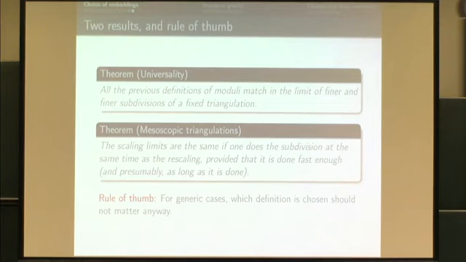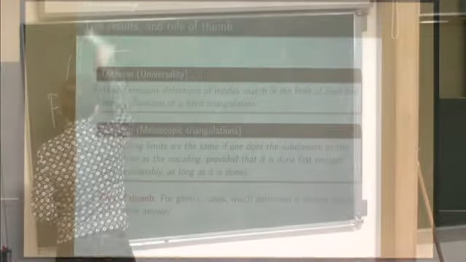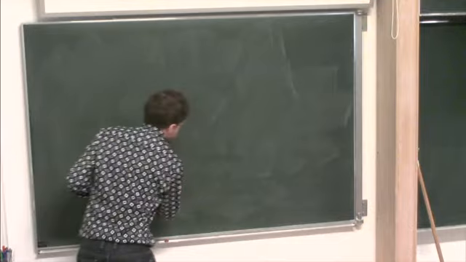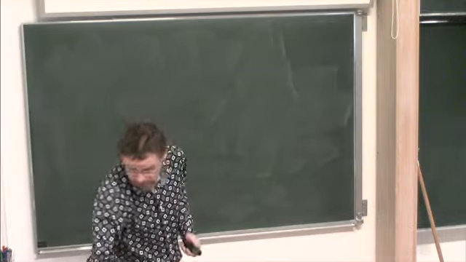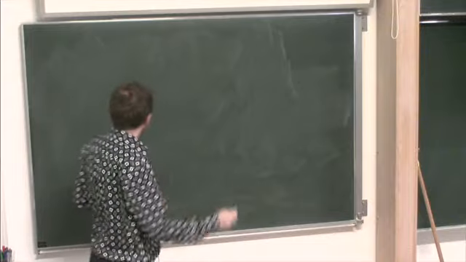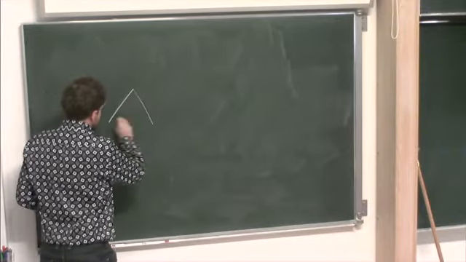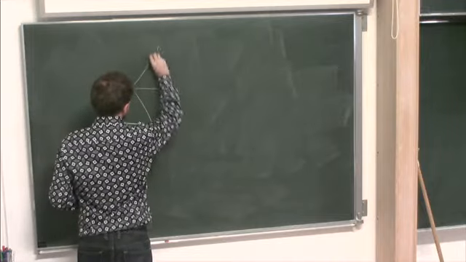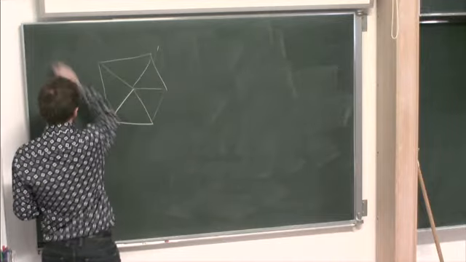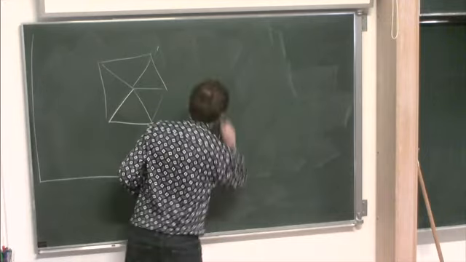So just one word about the proof of this, but it will just be in one picture. And you will see that the proof is essentially the same for both theorems, except for the second one you need a little bit more quantitative estimates. So assume you have a triangulation containing somewhere one equilateral triangle and other triangles which are not equilateral, and you take a huge domain here.